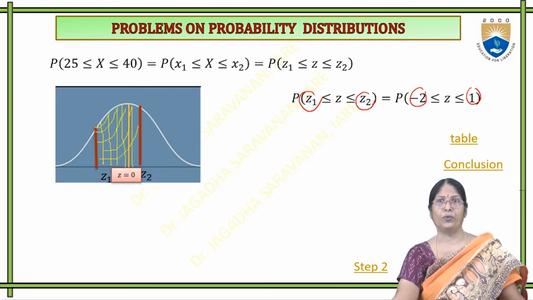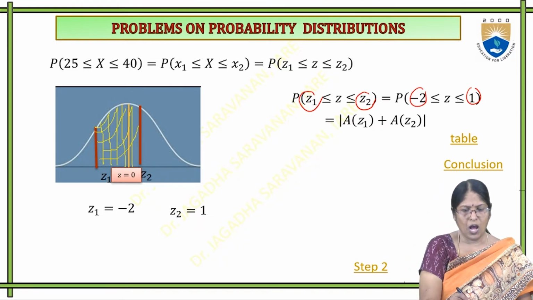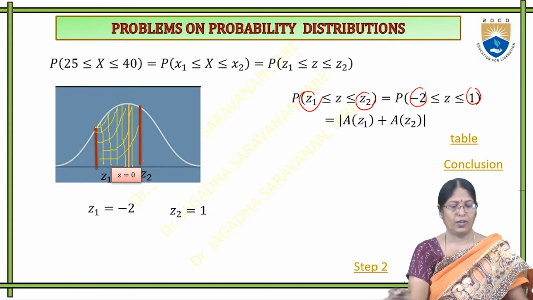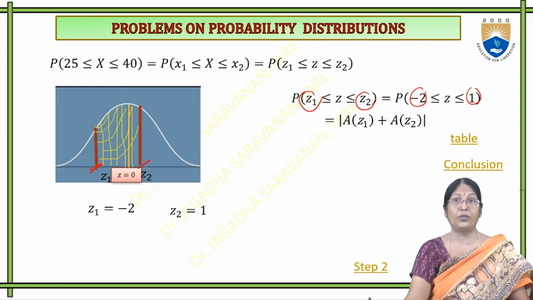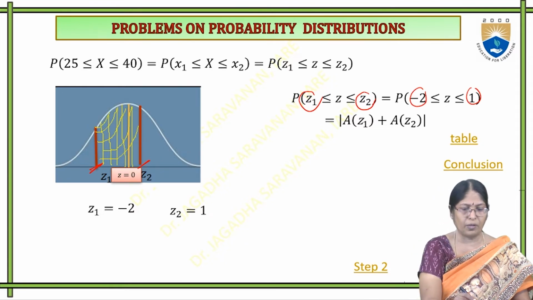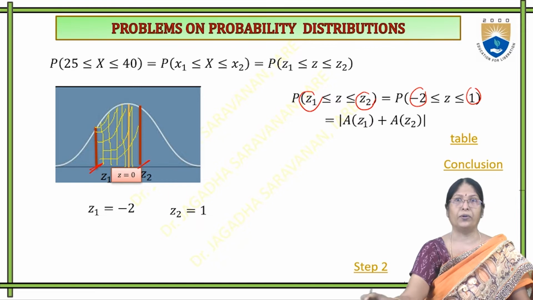Z equal to 0, 1 and minus 2 and 1. Now we want this shaded part. Here is minus 2, that is z1 and z2, and the area is nothing but what is shaded here.